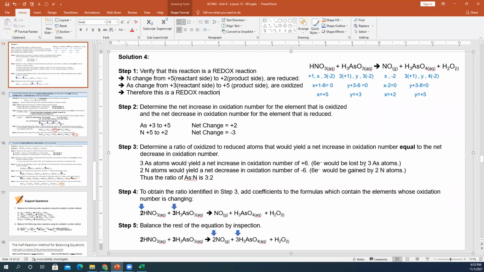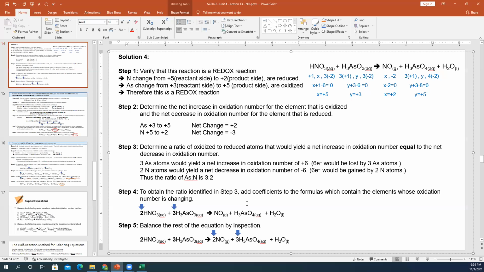So 6 electrons would be lost by 3 of these atoms. But 2 atoms of N would yield a net decrease in oxidation number of -6. So 6 electrons would be gained by 2 Ns. So you would have a ratio of 3 to 2 for these 2 atoms.